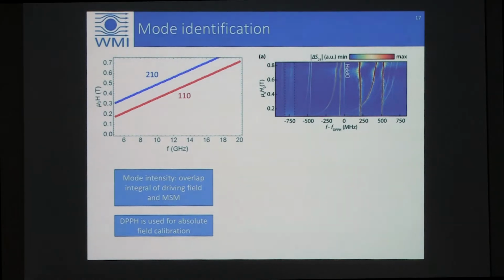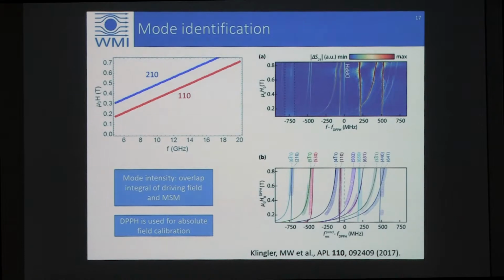Now it's very simple to identify these modes. You just have to calculate all of them, which is an infinite number, and then figure out which one is which. This is just an exercise in patience.